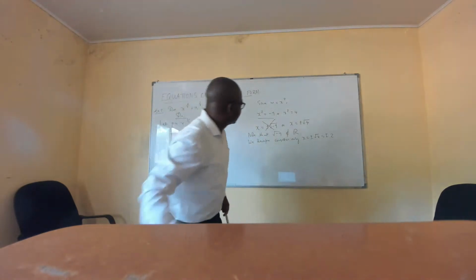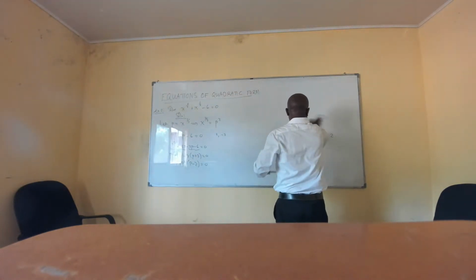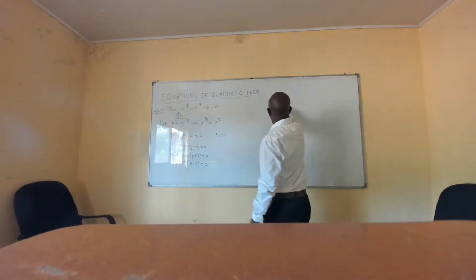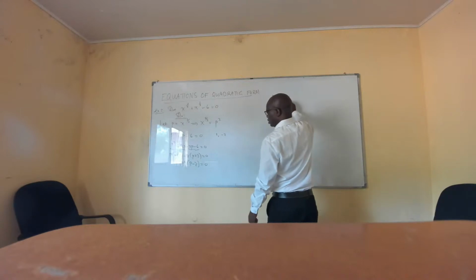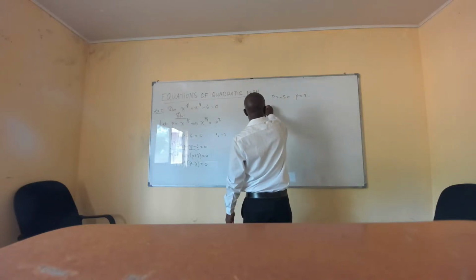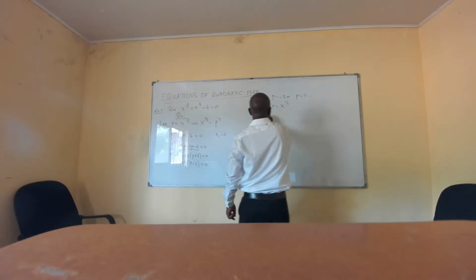Then solving this resulting equation as before, we have either p is minus 3 or p is 2. But p is chosen to be x to the power 1 over 3.